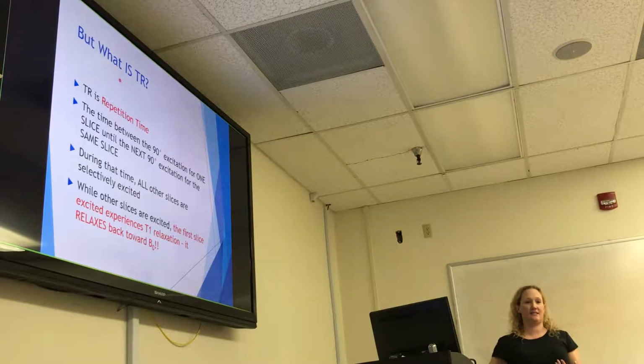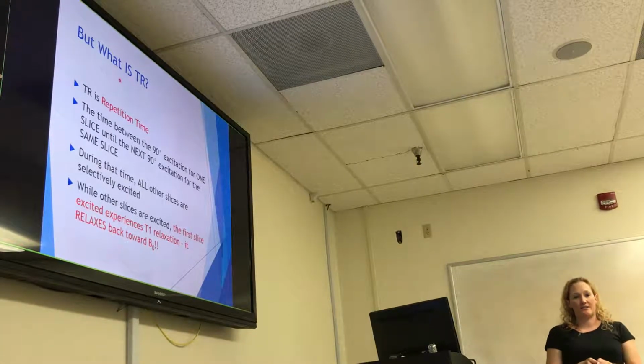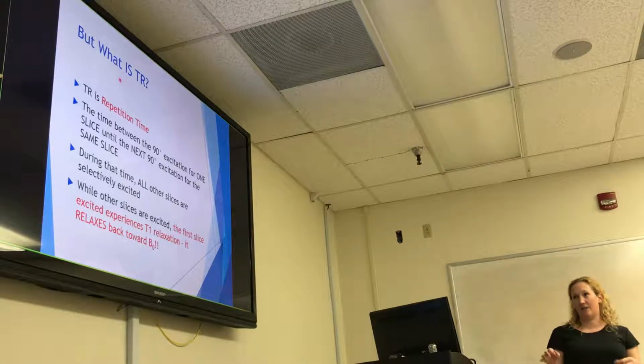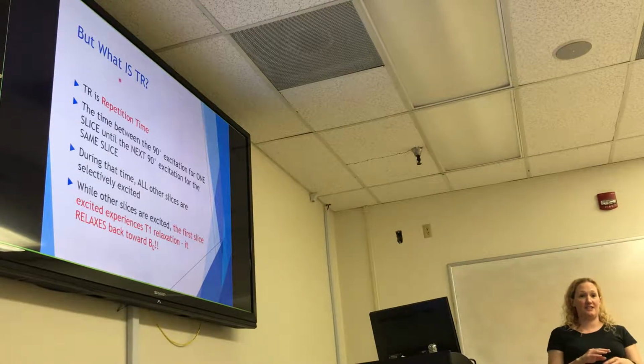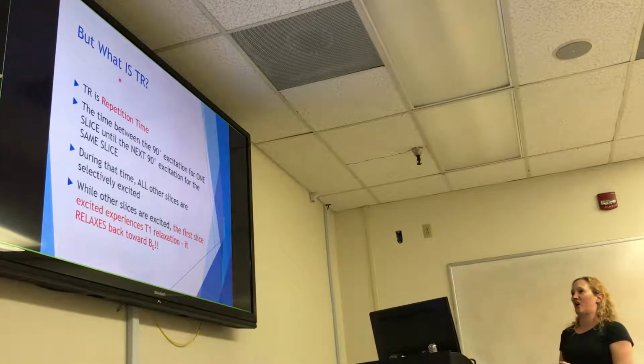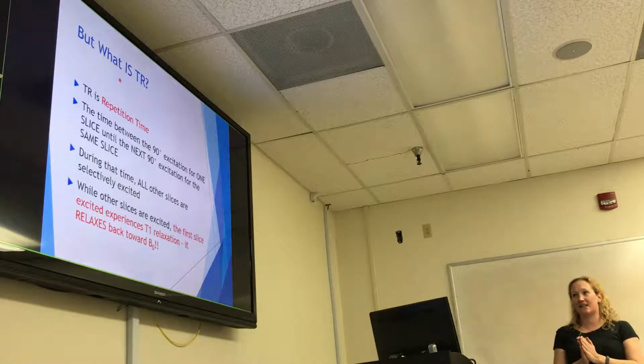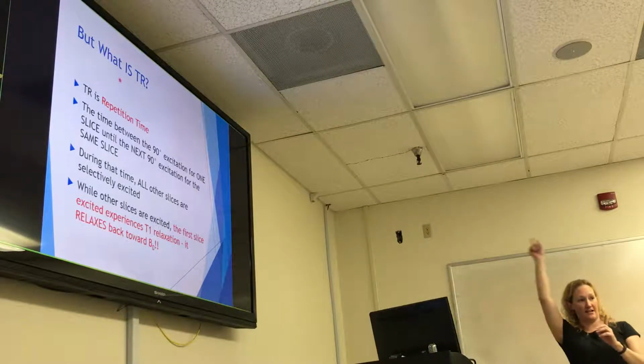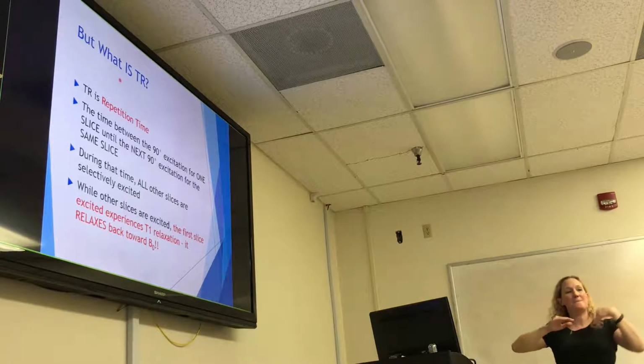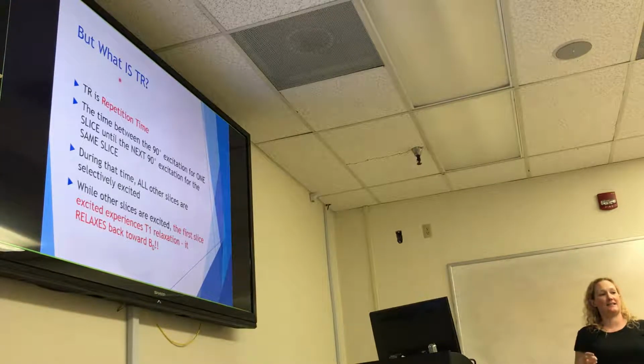Okay, but what is TR? TR stands for repetition time. Don't ask me why they don't call it RT, it's TR, but that's what they call it. It is the time between when we excite one slice to 90 degrees to when we come back and excite the same slice again.